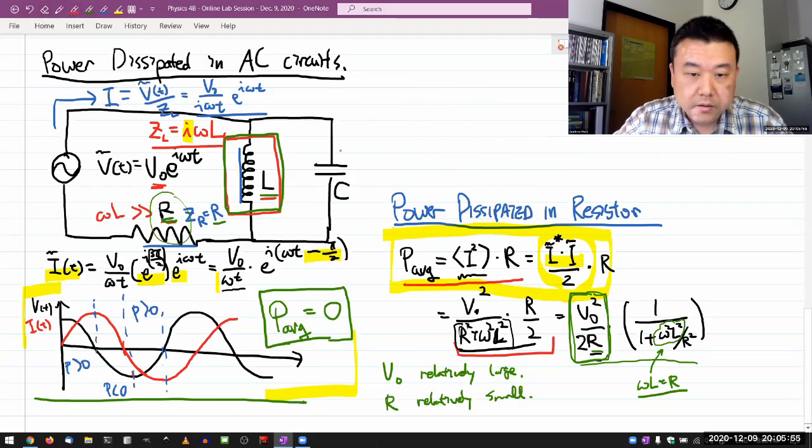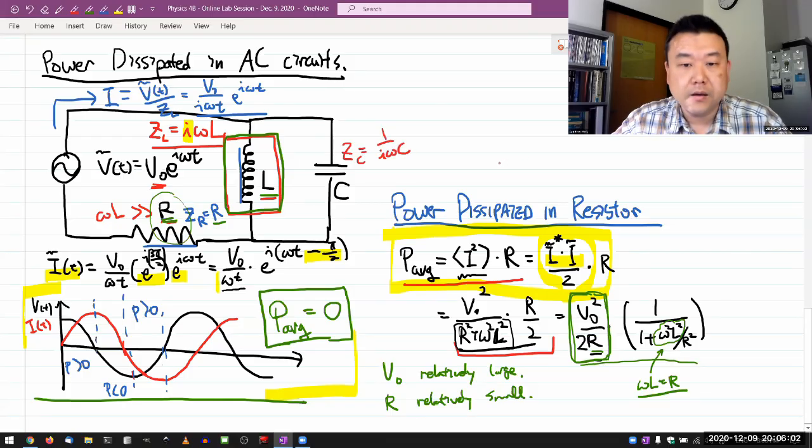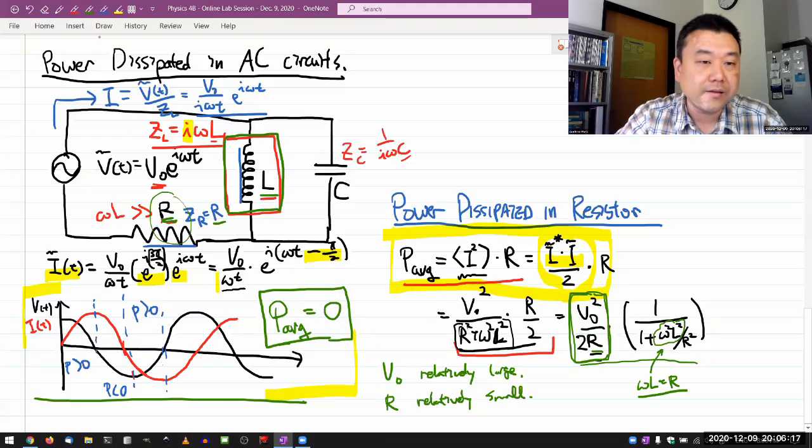The impedance of the capacitor is given by 1/(i omega C). I tried to write it so that my C is not confusing compared to L. I analyzed this like any three-resistor circuit where two of them are parallel and one of them is in series to that parallel combination.